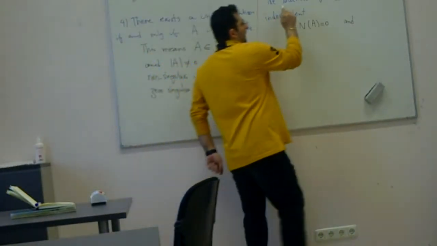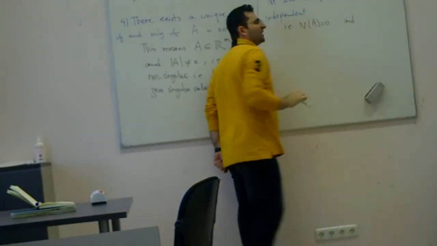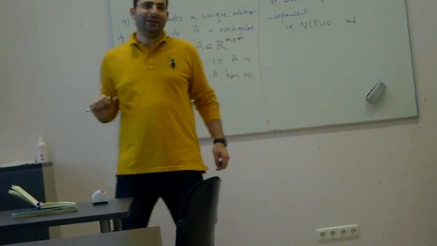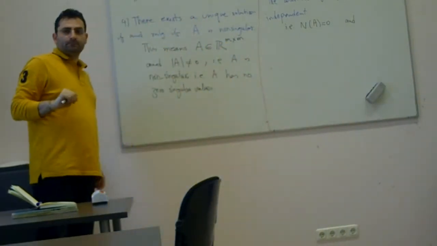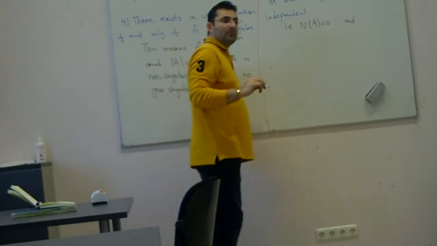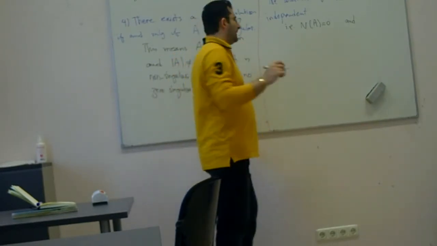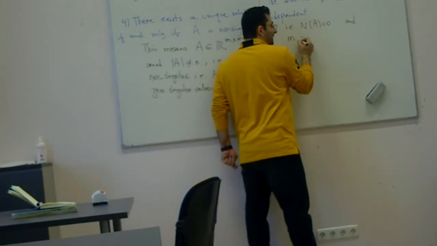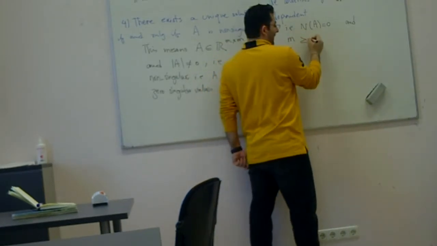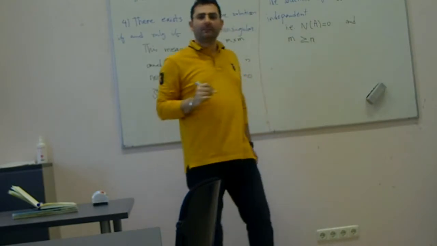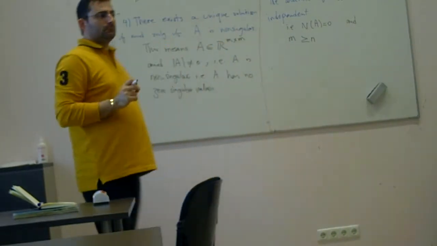What can we understand from this sentence? Columns are linearly independent. What can we comment about M and N? We understand that M is greater or equal than N. Why?